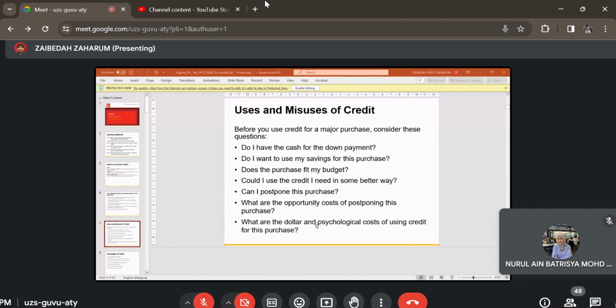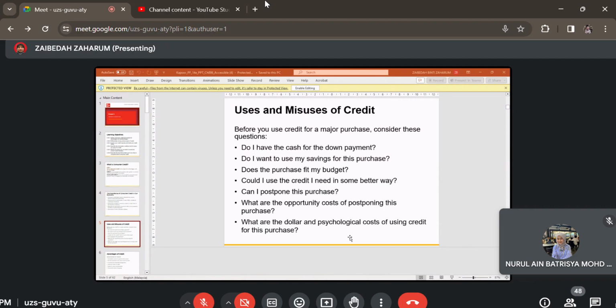And then next, what are the opportunity costs of postponing this purchase? Okay, so kita tanya pula, okay, the individual has to consider the potential benefits, okay, they might miss out on by delaying the purchase. Okay, it prompts them to weigh the advantages of making the purchase now against the drawbacks of waiting.